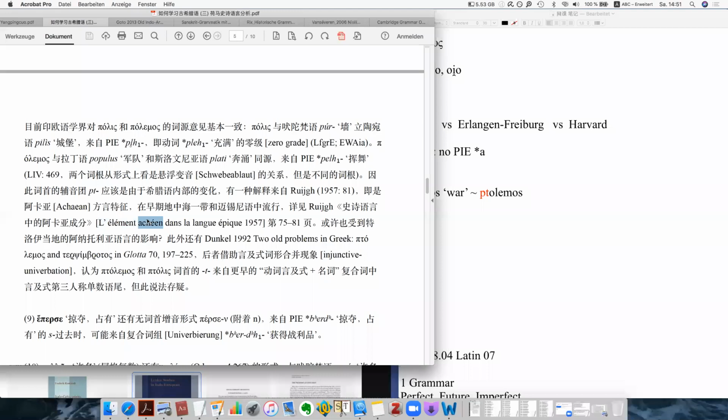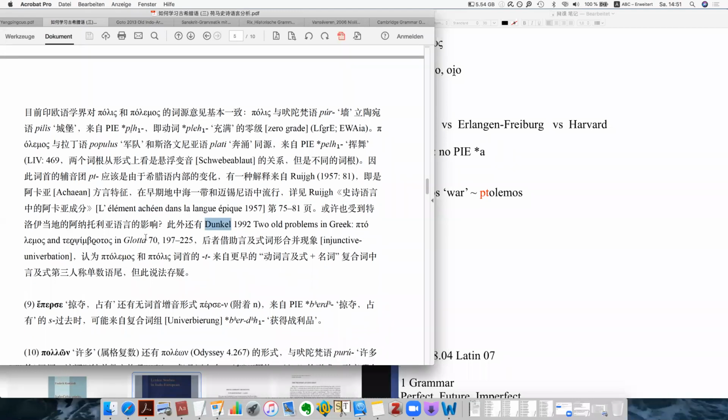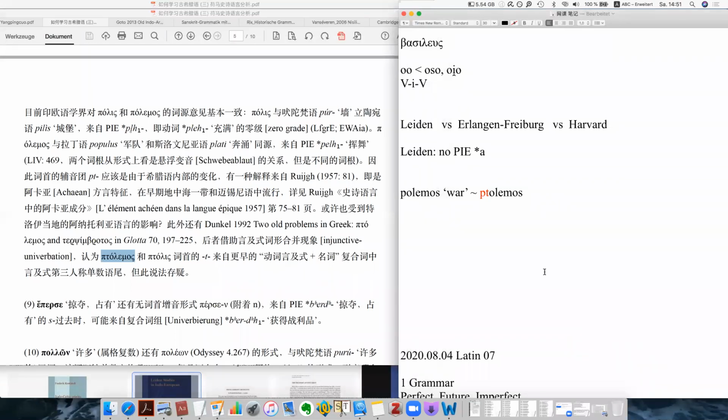And this feature is probably also preserved in Mycenaean Greek, but its origin is actually not certain. And another person called George Dunkel wants to explain this Pter as kind of an incorrect separation inside a compound. So what is his point?